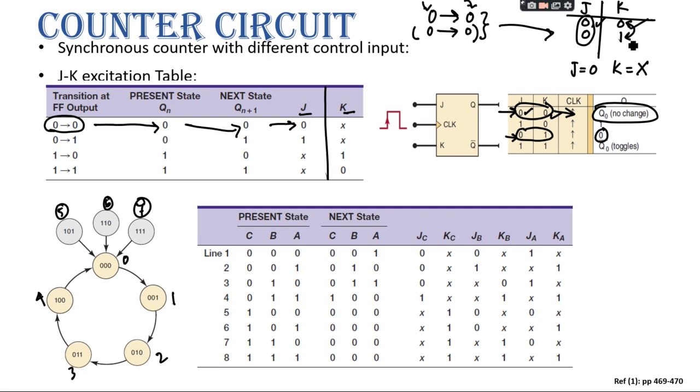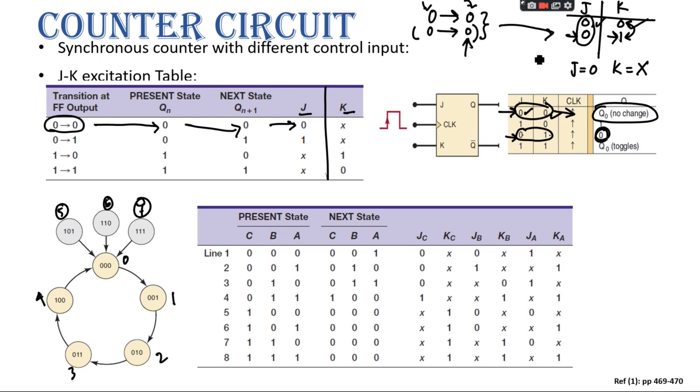Yes. Or whatever is my previous state, if you put 0, 1, the output will always be 0. So here we can also do 0, 1. These two combinations are possible for having the next state as 0.